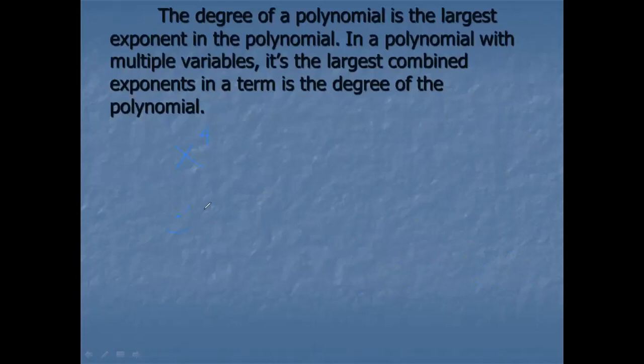In a polynomial with multiple variables, the largest combined exponent in a term is the degree of the polynomial.